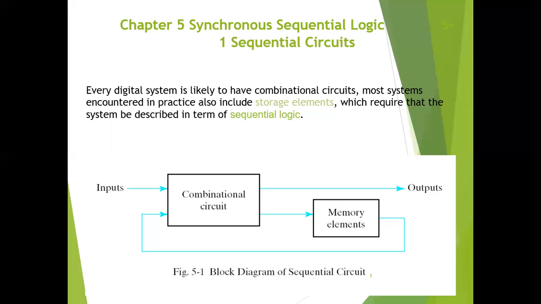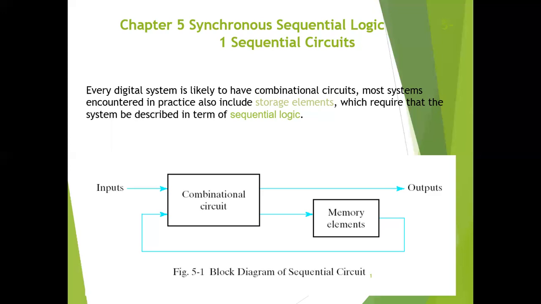The sequential circuit receives binary information from external inputs, and together with the present state of the storage element determines the binary value of the outputs. These external inputs also determine the condition for changing the state in the storage element.